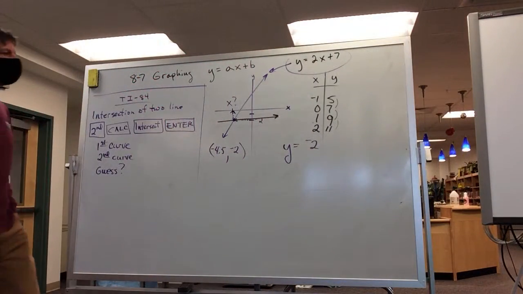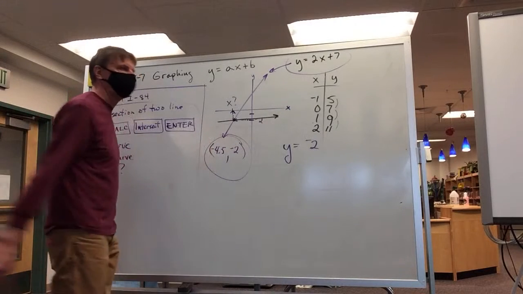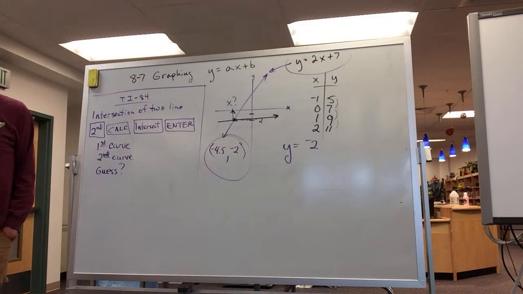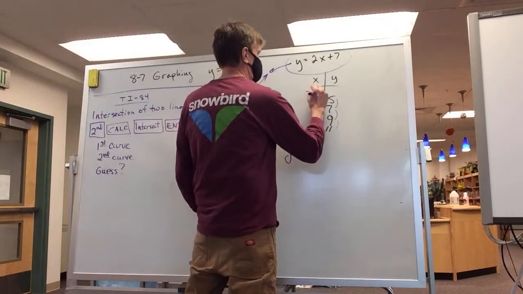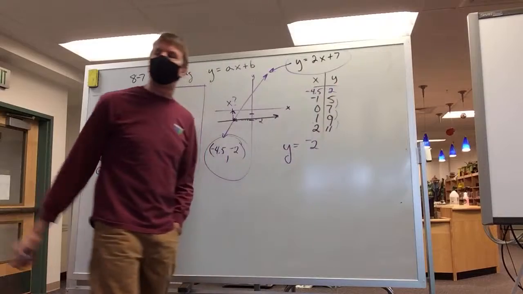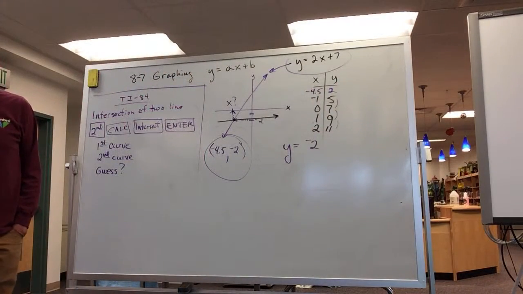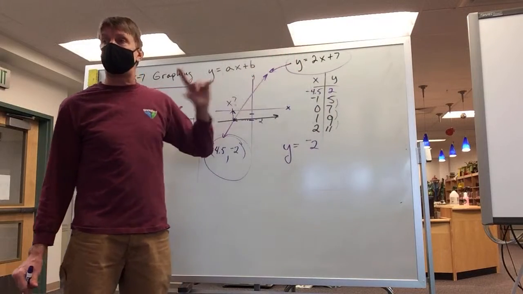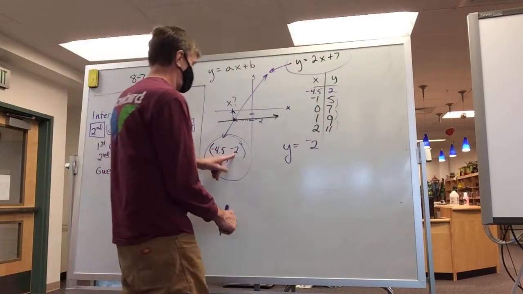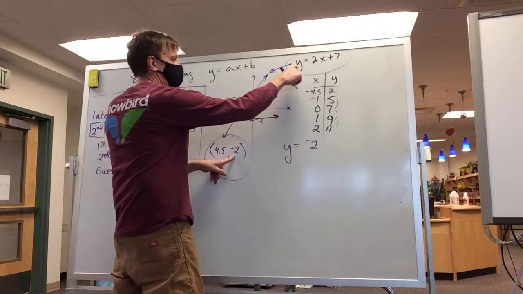Okay, so this intersection right here, that's an X and a Y value. We should be able to say that it fits into this equation. So here's what we can do to check to make sure. The Y value is -2.